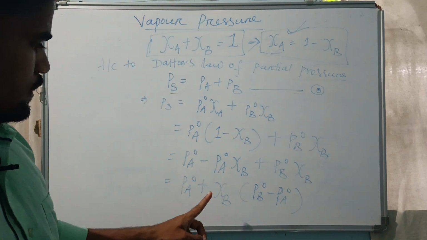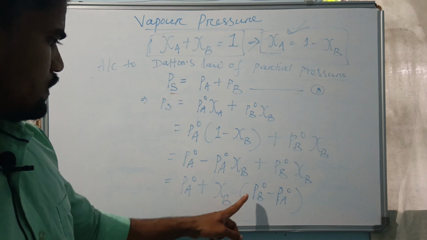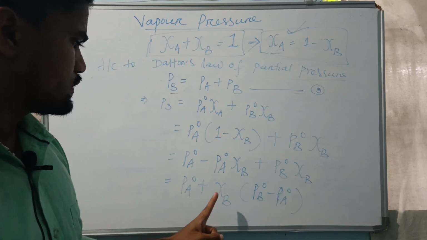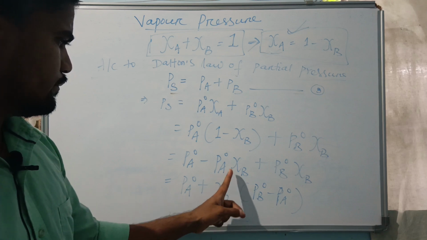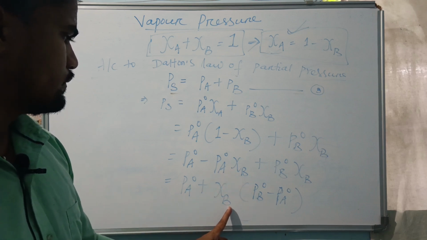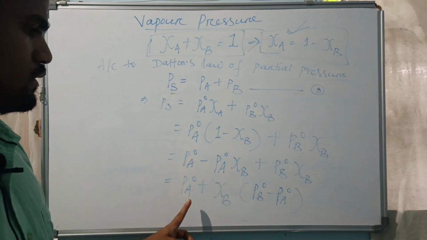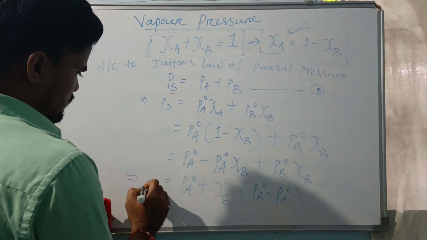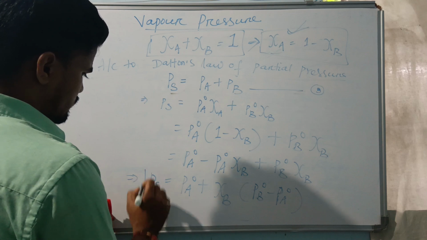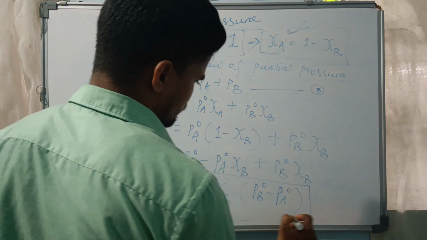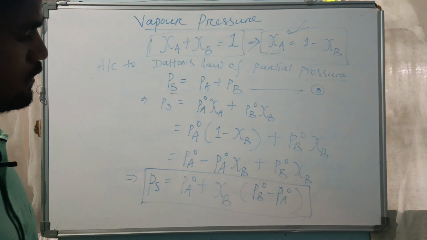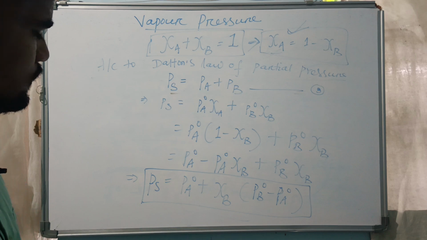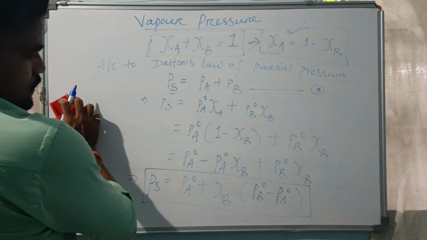PA naught plus PB naught chi B minus PA naught chi B. So this is the final statement of Raoult's law. Clear? Okay.